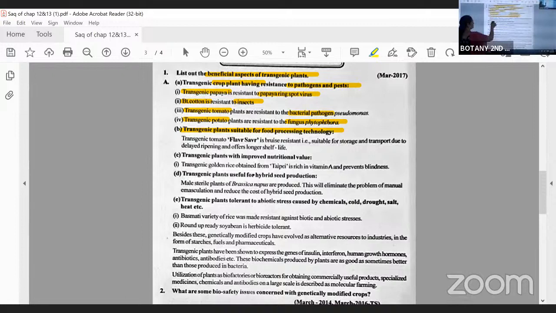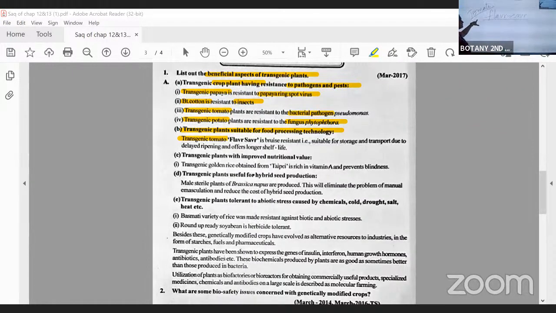In that, the transgenic tomato variety, which is called the Flavr Savr variety. Flavr Savr variety of transgenic tomato. This is the one.